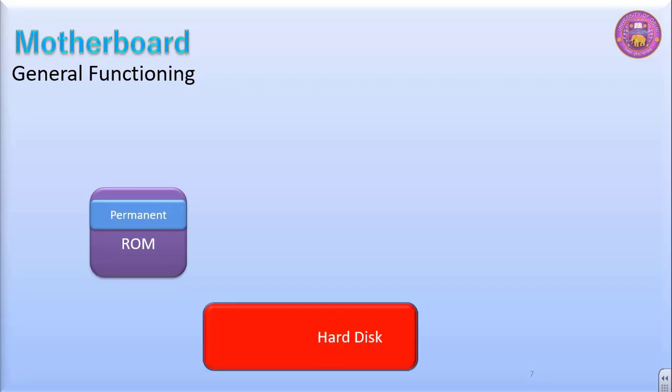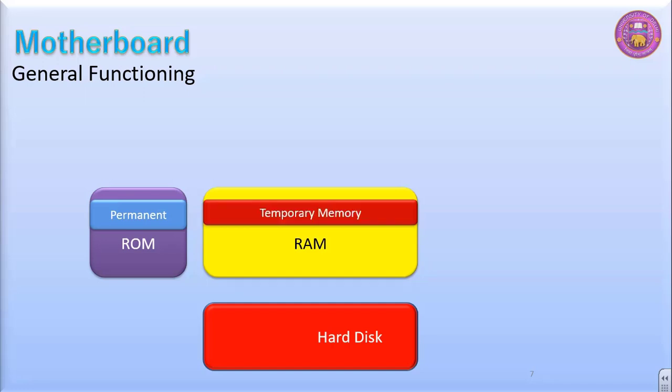Let us look into the general functioning and then we will move on to cache memory. This is motherboard, and on the motherboard we have a ROM. ROM is read-only memory, which is permanent in nature. Hard disk, RAM. RAM is temporary memory.